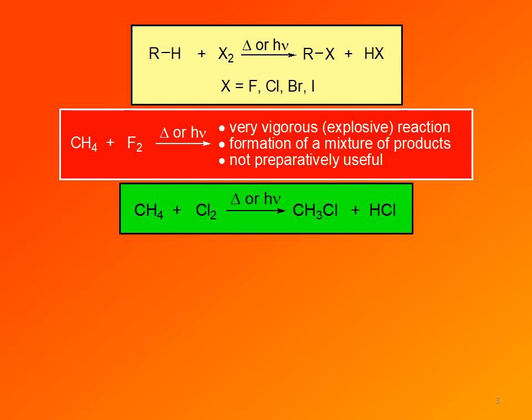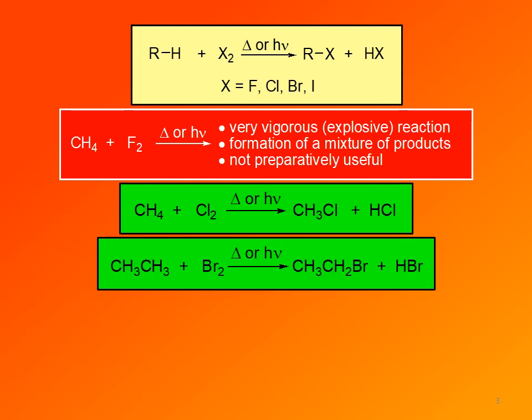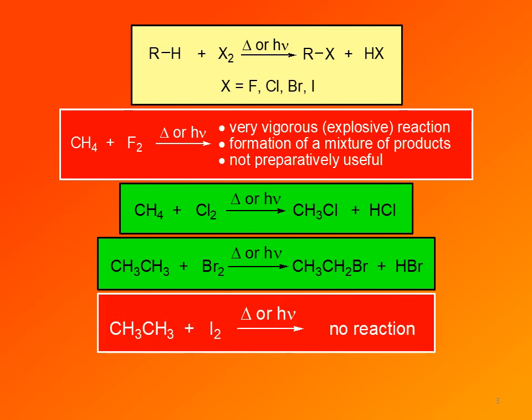Reaction with chlorine works very well, and we obtain the corresponding chloroalkanes in good yields and reasonably good purity. Reaction with bromine also works very well, and again we get the corresponding products in good purity. Finally, reaction with iodine actually doesn't work. The carbon-iodine bond is very weak, and the reverse reaction would actually be favorable.